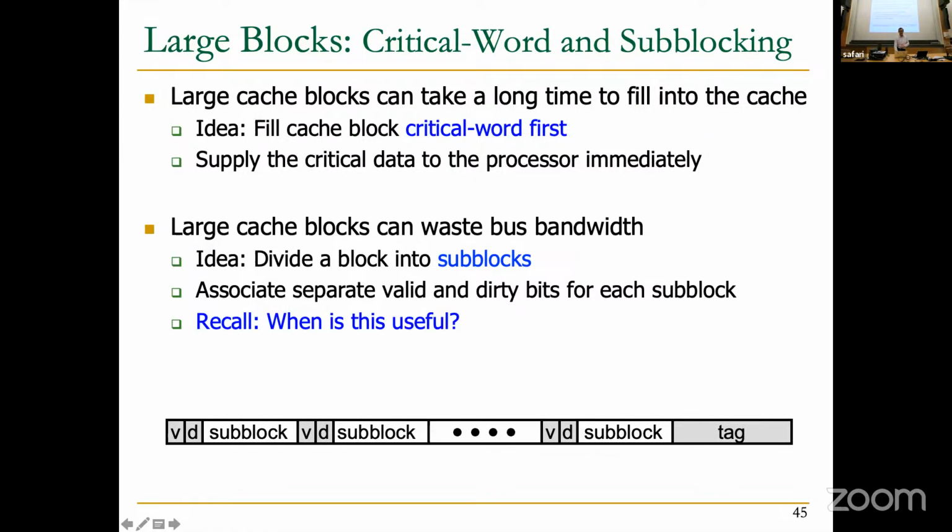You don't need to bring the entire block into the cache. You can bring the remaining parts of the block lazily, let's say, over time, potentially, if you think they're going to be useful based on some prediction mechanism that you have in the processor. Okay, so we talked about sub-blocking. We know when it's useful, but clearly it can be useful in implementing large blocks without having to always pay the penalty of fetching the large blocks into the cache.